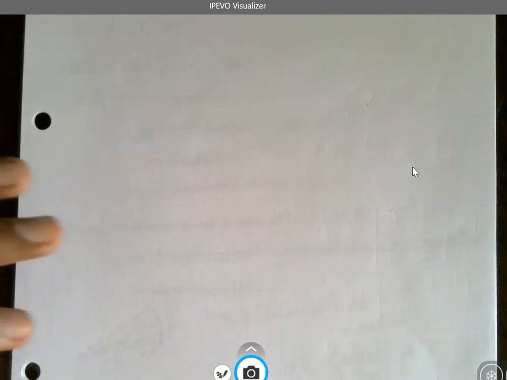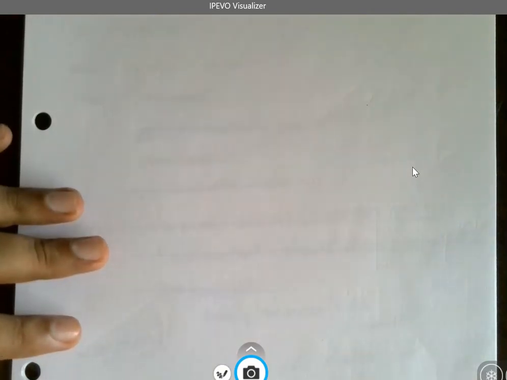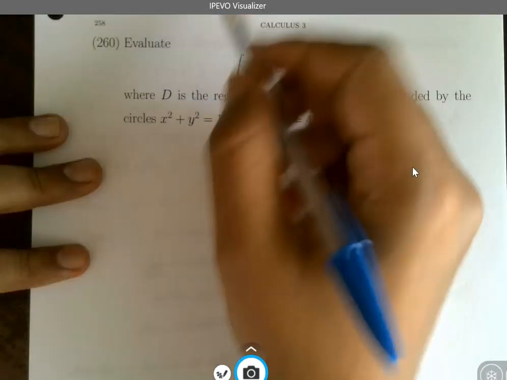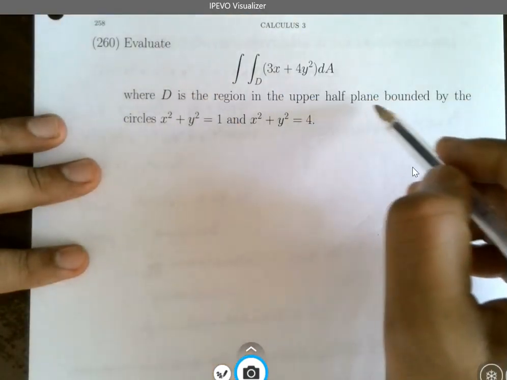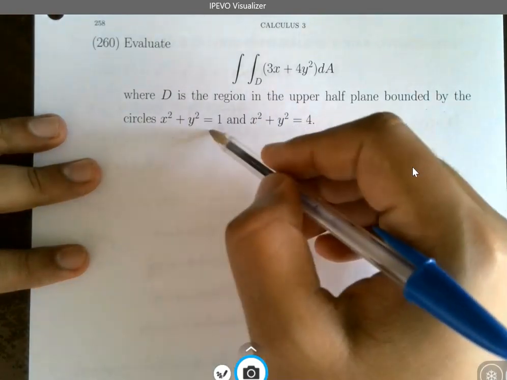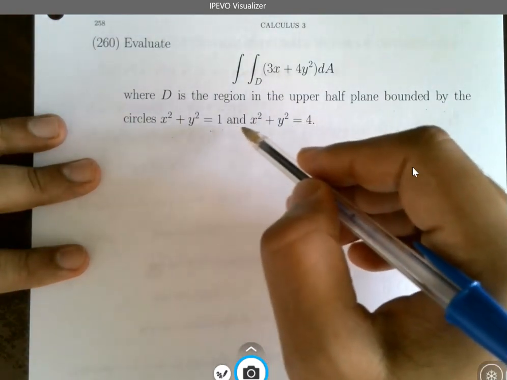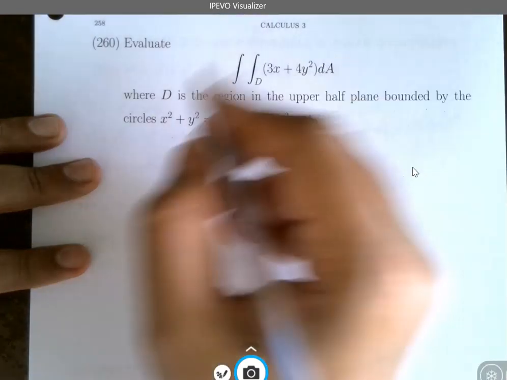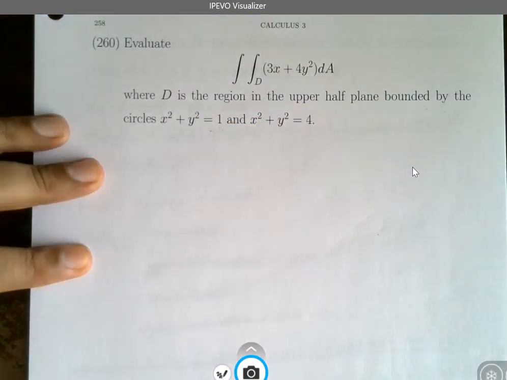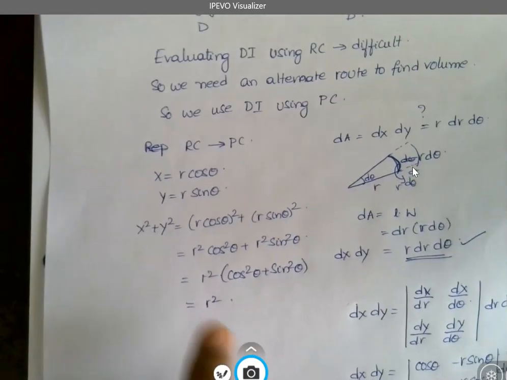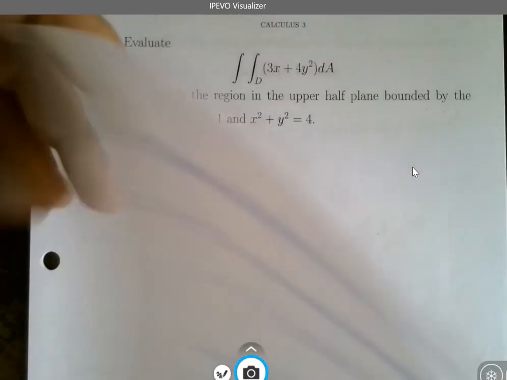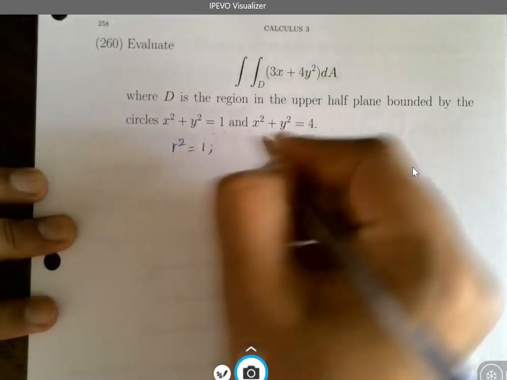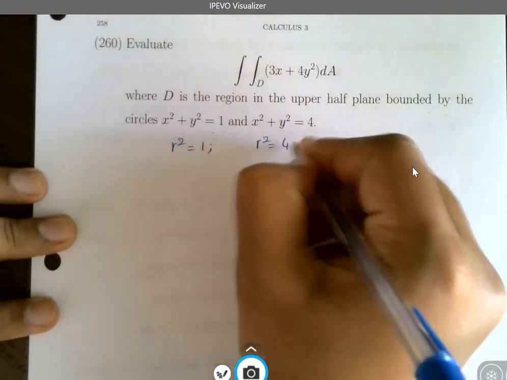This is an example problem in your textbook as well, but let's go through it. Evaluate this, where D is the region in the upper half of the plane bounded by the circles x squared plus y squared equals 1 and x squared plus y squared equals 4. So x squared plus y squared is r squared, so r squared equals 1 and r squared equals 4.